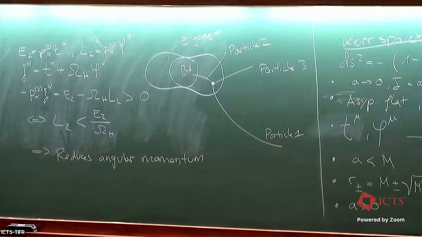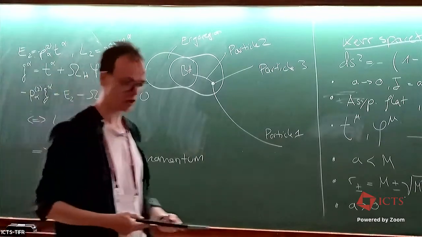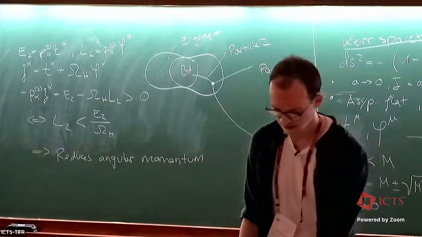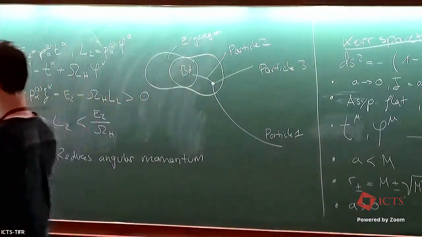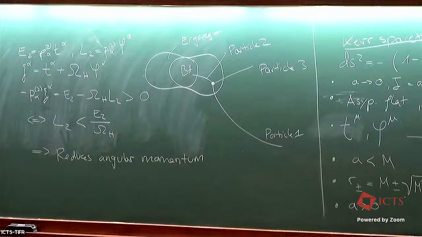But now the question is, what are the equations that we need to solve to understand this? And basically, none of the equations are on the board at the moment, because everything we've been talking about was just individual classical particles that fall into the black hole and then do something to the black hole.